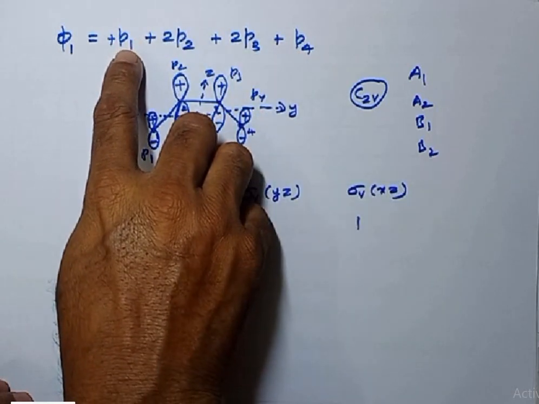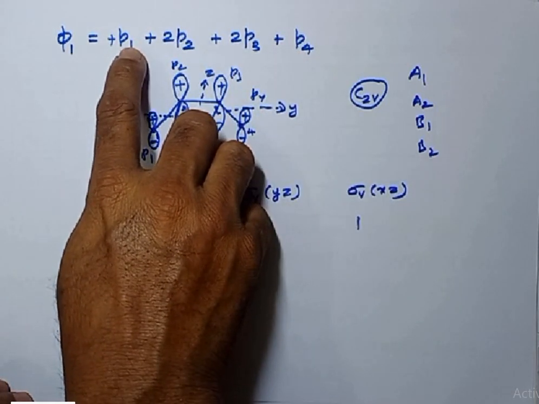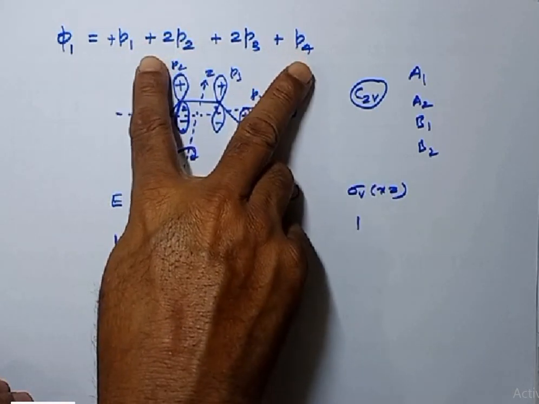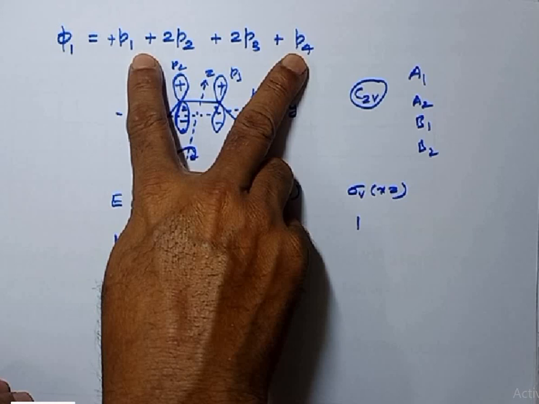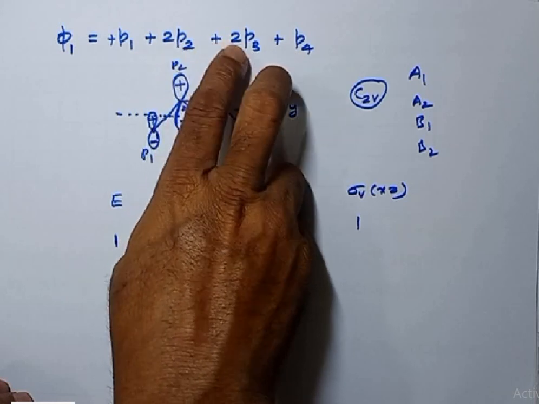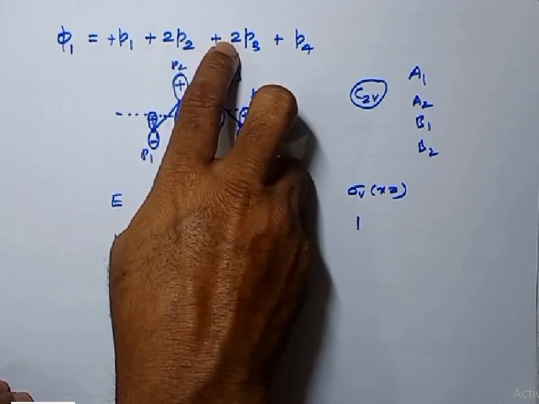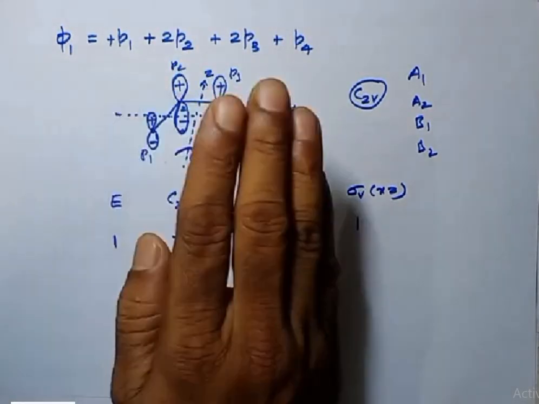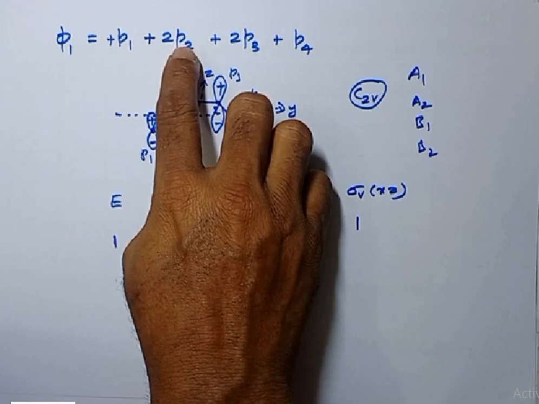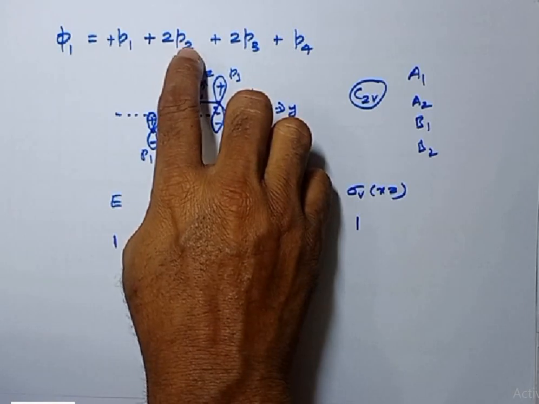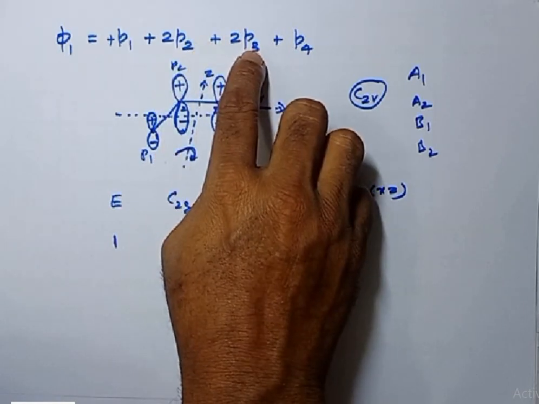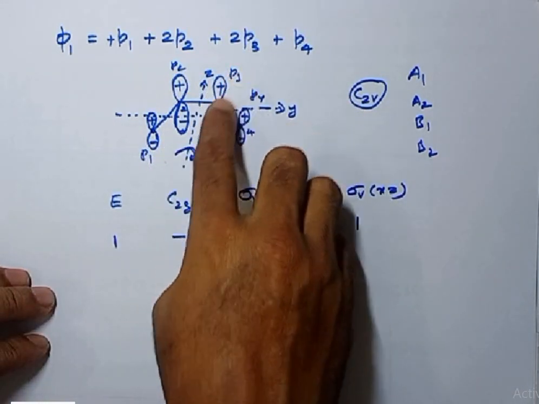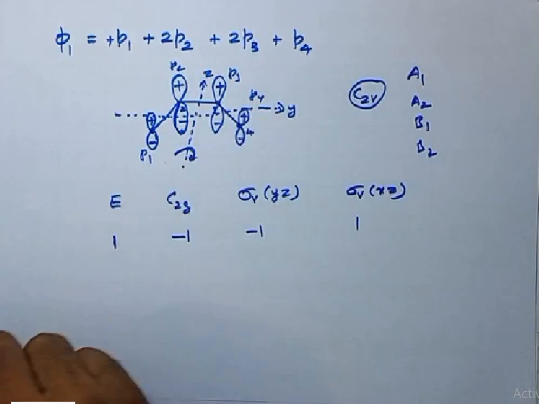In that, the p orbital of carbon atom 1 and the p orbital of carbon atom 4 contribute to a lesser extent compared to atom 2 and atom 3, where the 2p2 and 2p3 contribution is there. Meaning, the p orbitals of carbon atoms 2 and 3 contribute more, which means you just draw the shape of those p orbitals in larger extent. That's all.